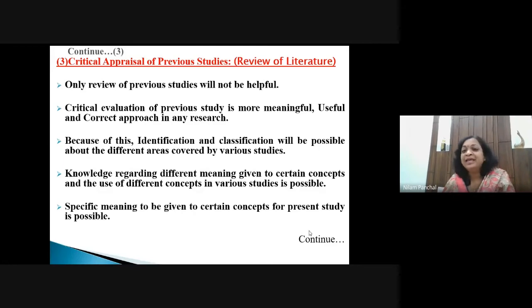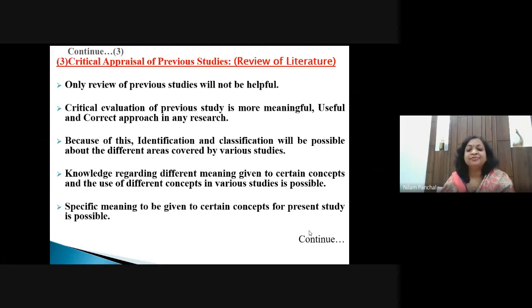That alone would not be helpful. Critical evaluation of the previous studies is more meaningful, more useful, and a correct approach in any research. Secondly, because of this, identification and classification would be possible about the different areas covered by various studies.